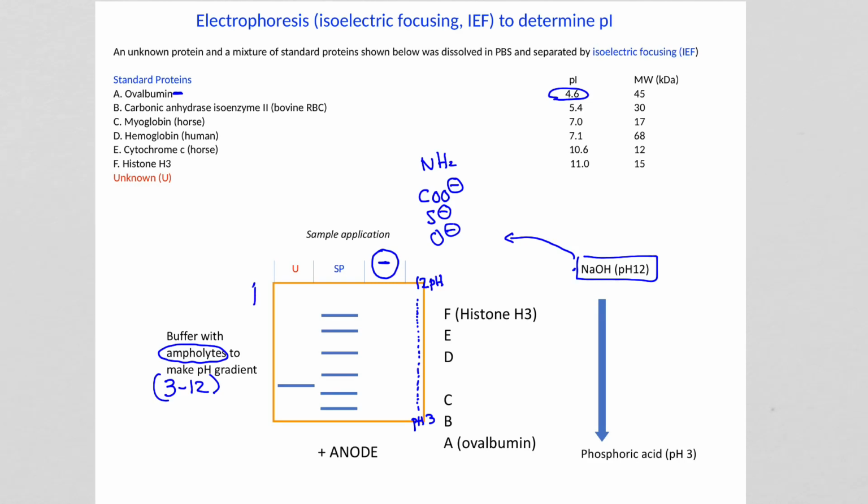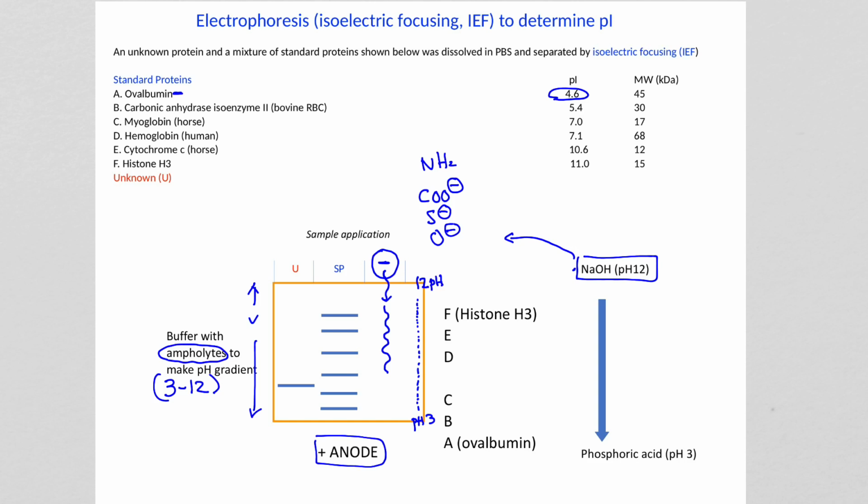So when we turn on the voltage, this ovalbumin will start migrating towards the positive pole, or the anode. As long as it has this net negative charge, it will keep on migrating and migrating.